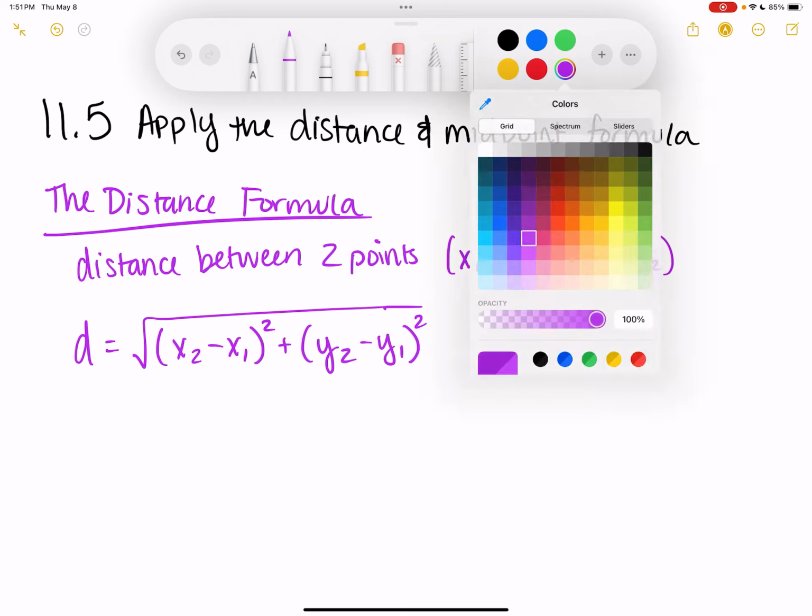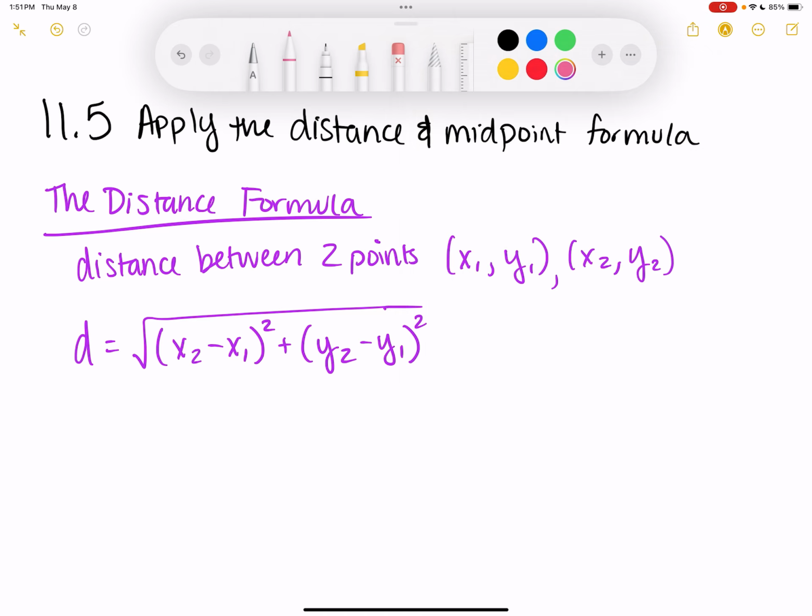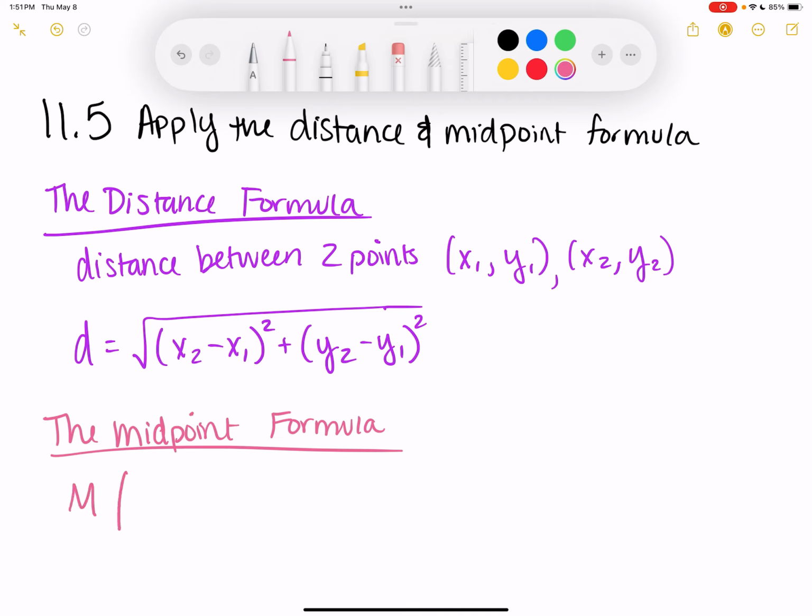Now, the other formula is the midpoint formula. And so M is the midpoint, and this is X1 plus X2 divided by 2, comma, Y1 plus Y2 divided by 2, okay?